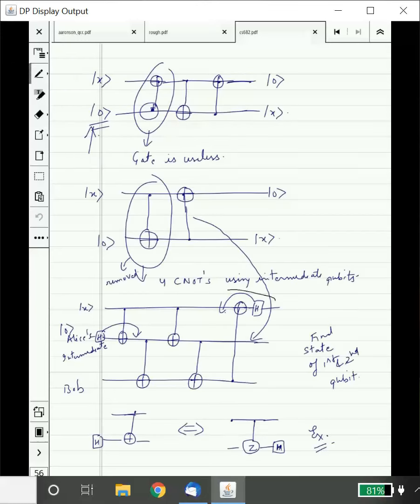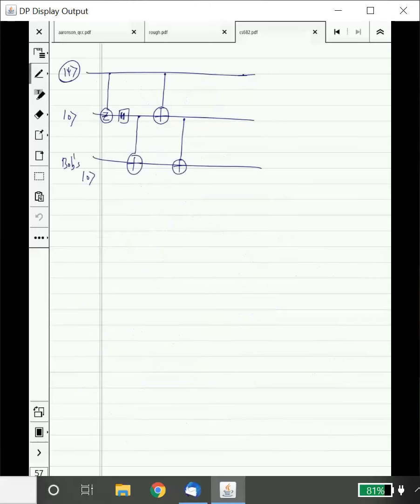Again, I will switch using H. So I can write H here. This becomes Z. This is just using the equivalence that I can move Hadamard across a C naught gate by converting XOR into Z, converting CX gate into CZ gate. This is what I have done. And the great thing about control Z gate is that control and target can be interchanged.